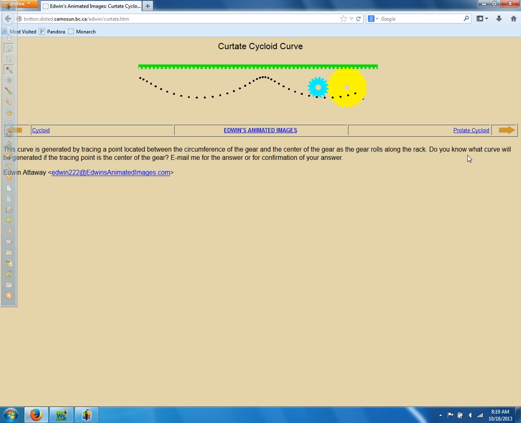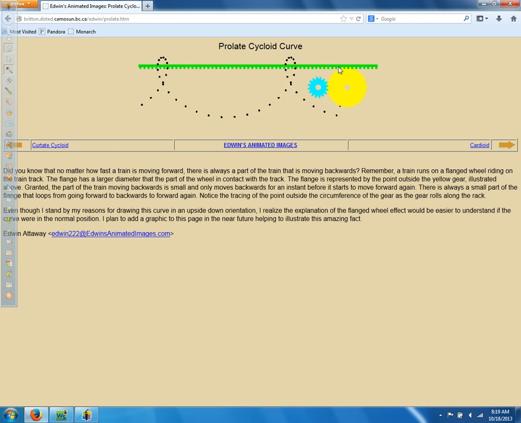The next one is called a prolate cycloid. That would be the path when the point is beyond the rim, like a train wheel that goes slightly below the train track. So at some point while it's rolling along, a train wheel actually goes backwards when it goes below the track.